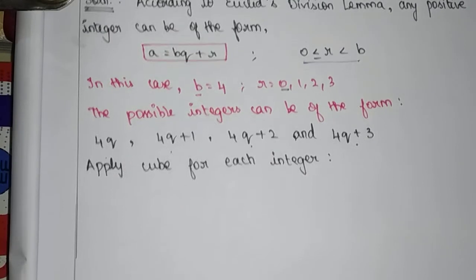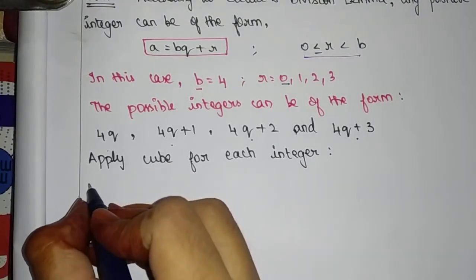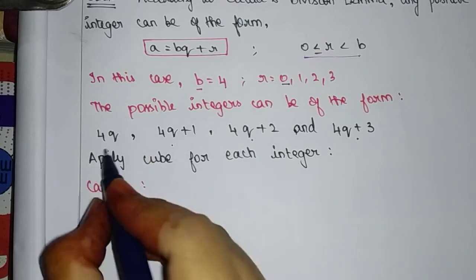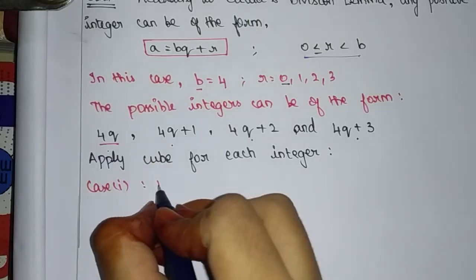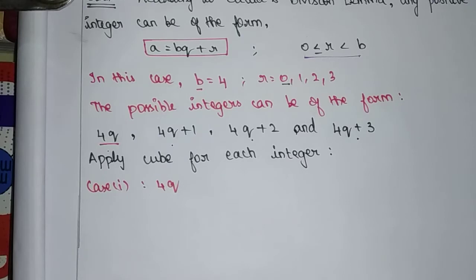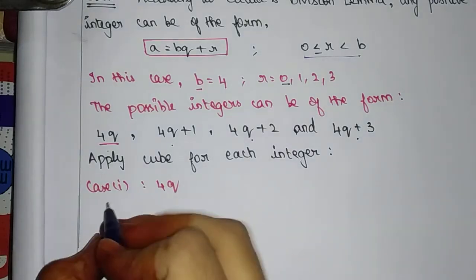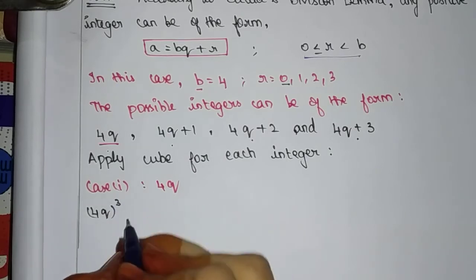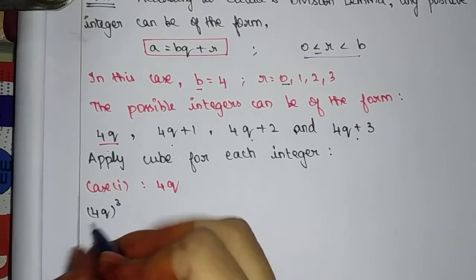So here, case 1. The first integer value is 4q. First cube this 4q, the whole cube.